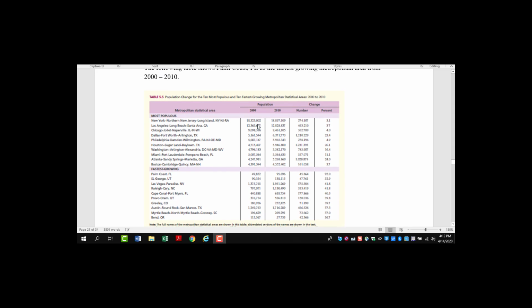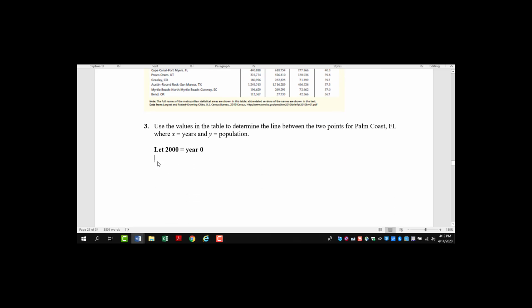And so we'll have our two ordered pairs, 0, 49,000 and some, and 10, 95,000 and some. And so I'll put those up here. I have them in that thing. So there's our 2 points. And we're going to do y2 minus y1 over x2 minus x1.